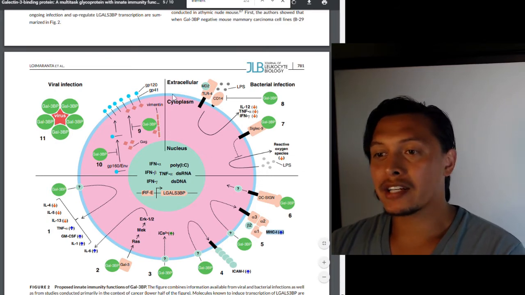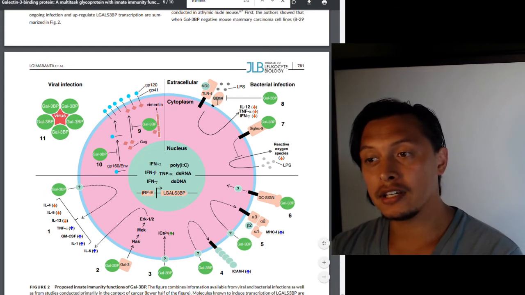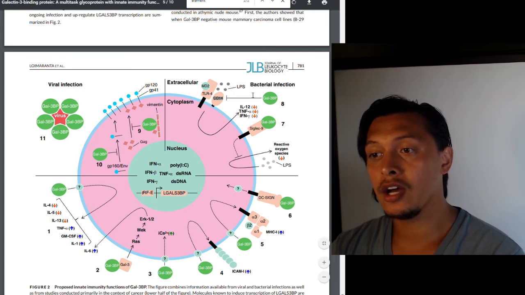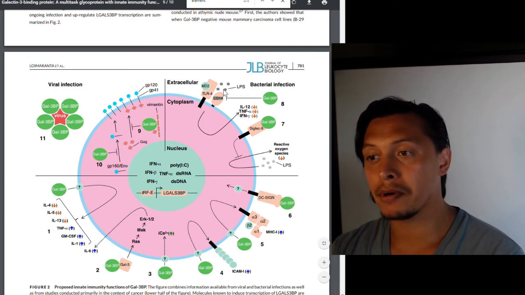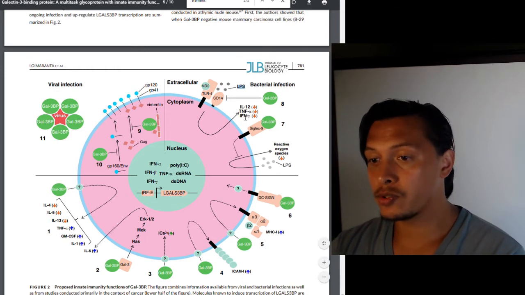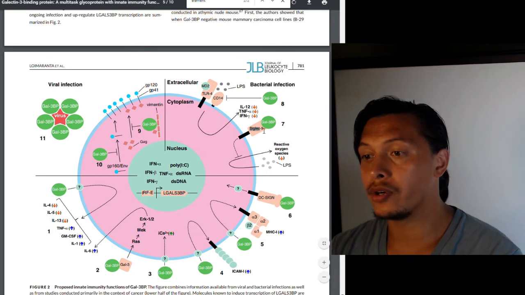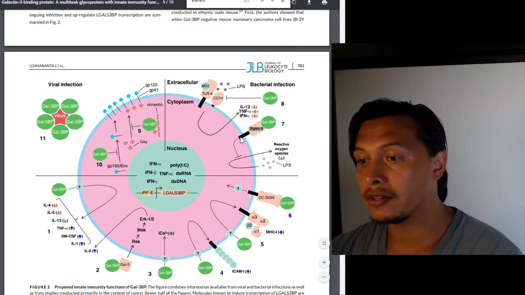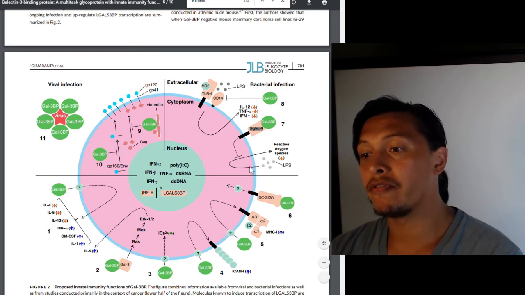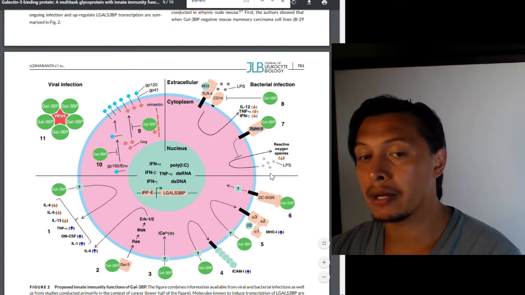And then for bacterial infections, Galectin-3 binding protein can inhibit CD14, which inhibits its ability to cause this crazy response to lipopolysaccharides. Galectin-3 binding protein will also interact with Siglec-9, which will then prevent reactive oxygen species from being produced from lipopolysaccharides.